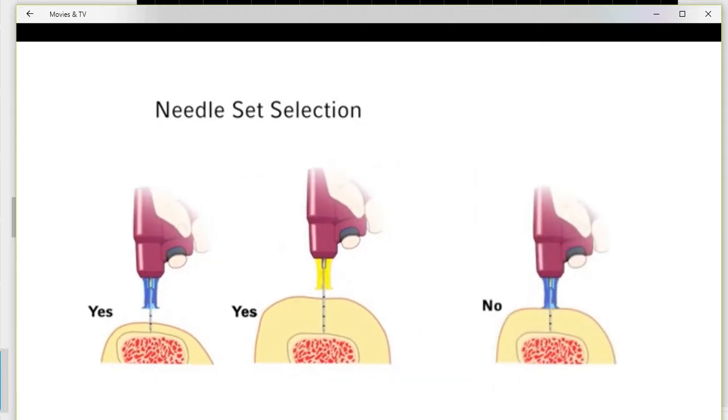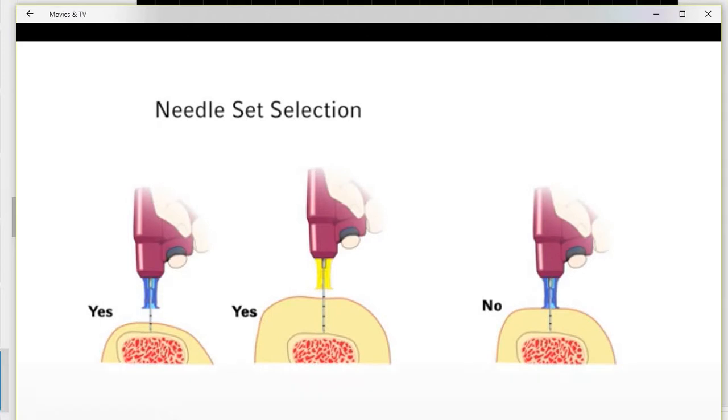If the needle set is inserted through the soft tissue and does not reach the bone, or the 5 mm mark is not visible above the skin with the tip of the needle set touching the bone, the needle set is too short. A longer needle set or alternate site should be chosen prior to penetration of the bone cortex.